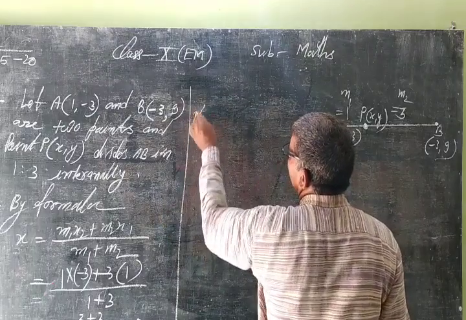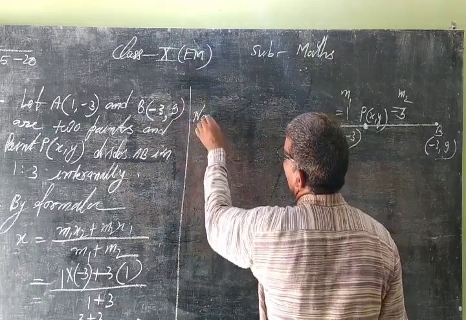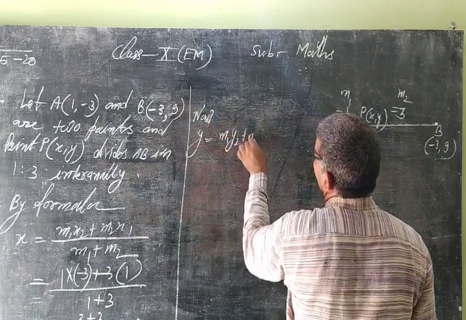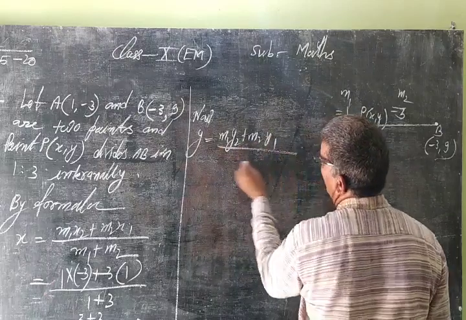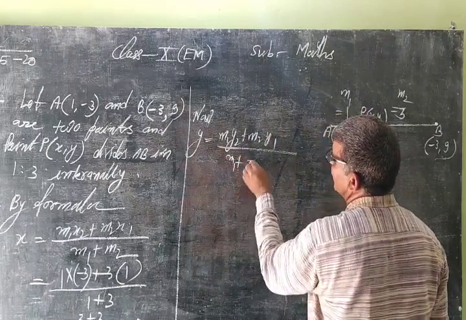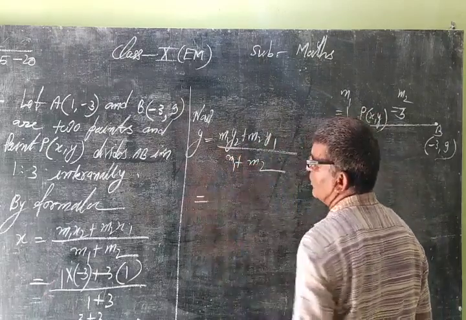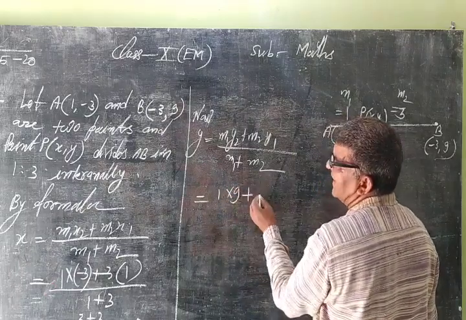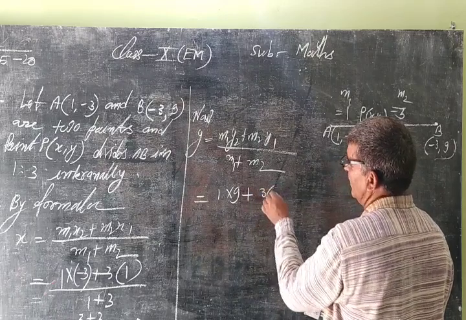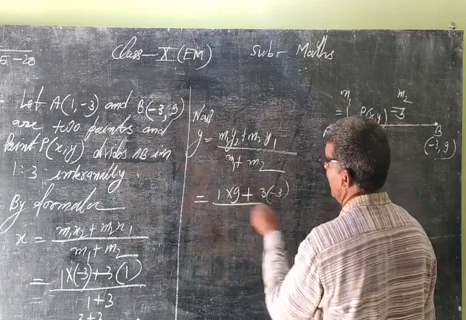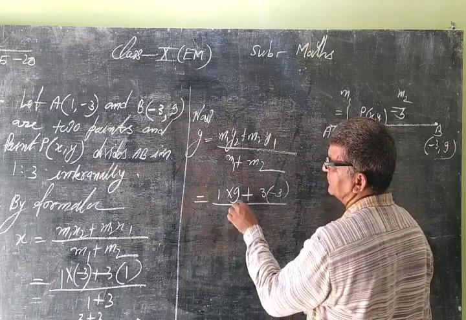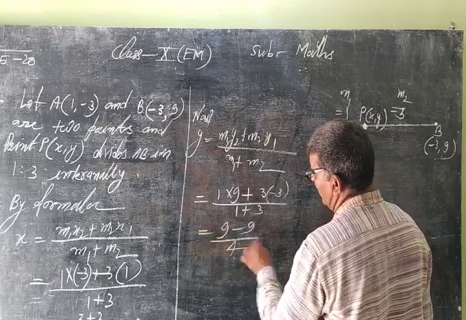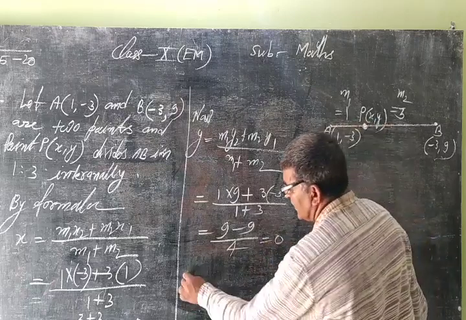And now y equal to (m1 y2 plus m2 y1) upon (m1 plus m2), equal to m1, 1, into y2, 9, plus m2, 3, into y1, -3, upon 1 plus 3, equal to (9 minus 9) upon 4, equal to 0.